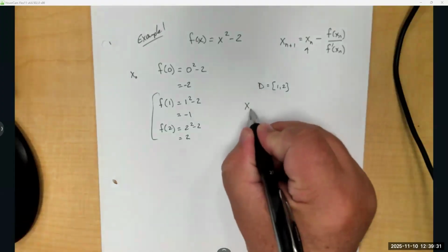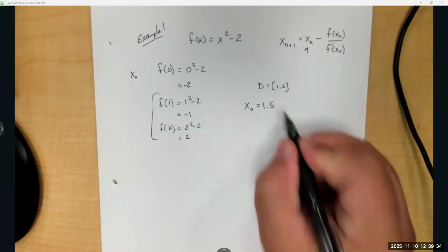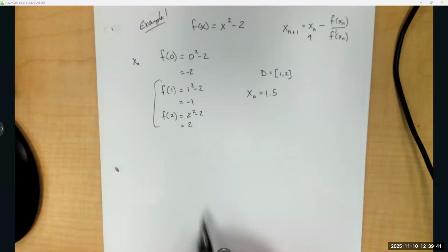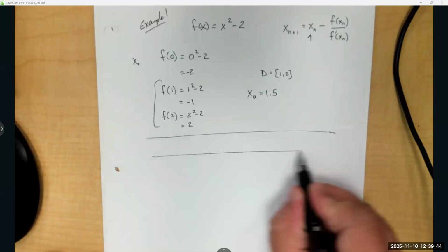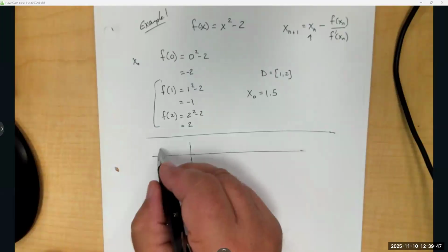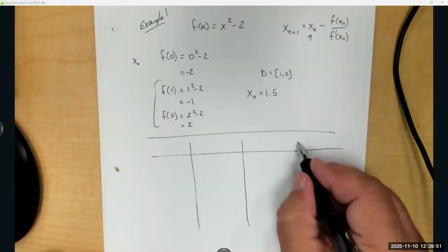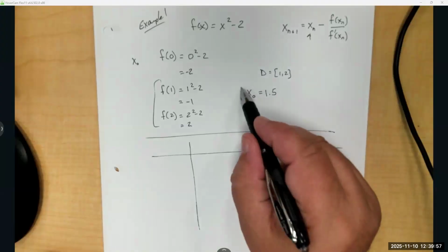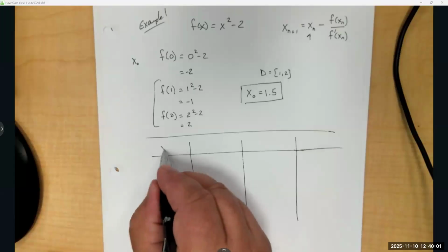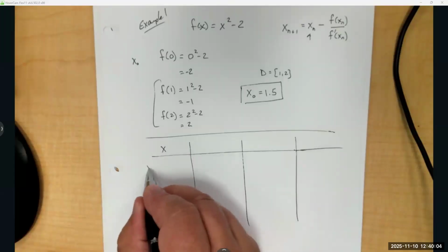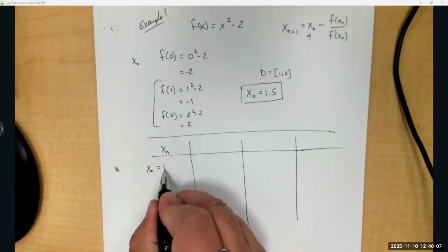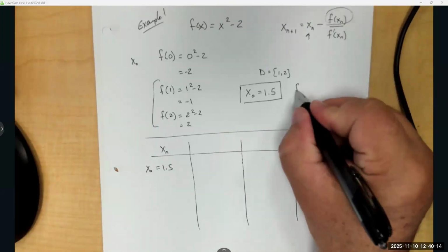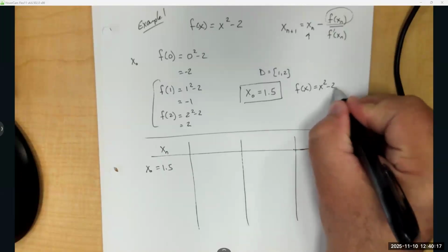So our first thing, let's pick x sub 0. Let's pick 1.5. So that's our initial x value. Here are my x values. My first x, this is at x sub 0, it is 1.5. We need to know the function itself, f of x, that's x squared minus 2.